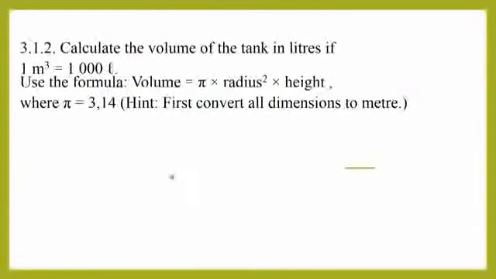The second question: calculate the volume of the tank in liters if 1 cubic meter is equal to 1000 liters. Use the formula volume equals pi multiplied by radius squared multiplied by height, where pi is 3.14.